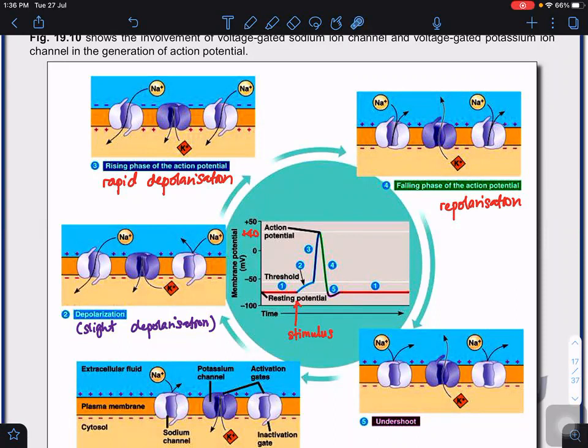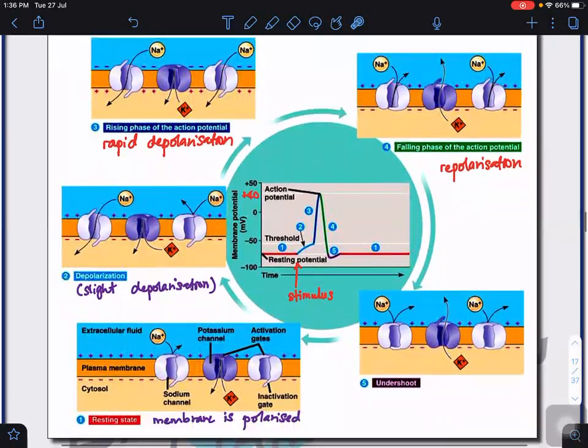So when it drops to -65, by rights the voltage-gated potassium ion channels have to be closed, but the problem here is they close slowly.